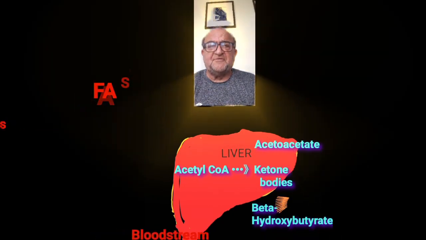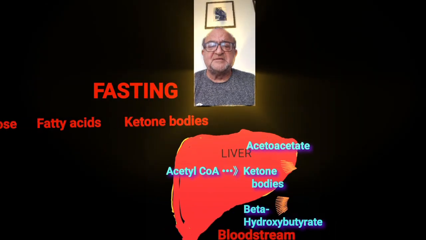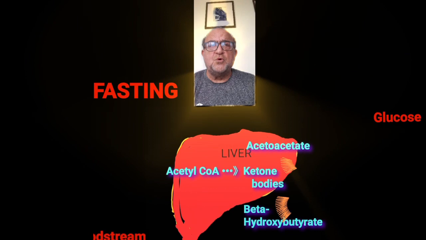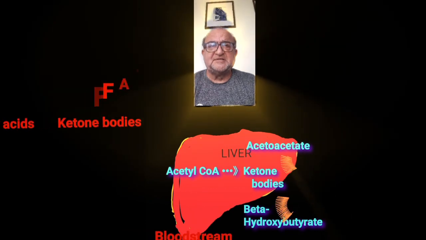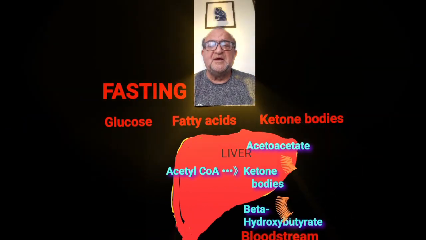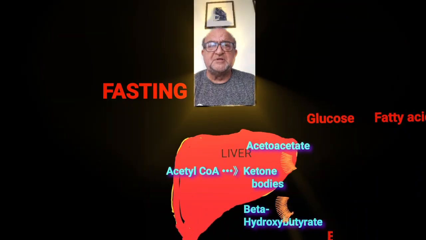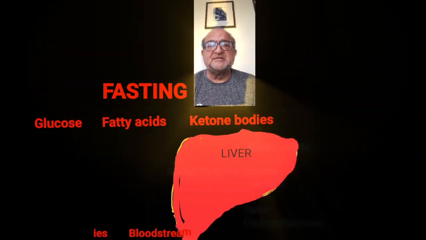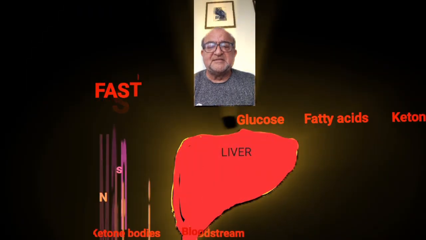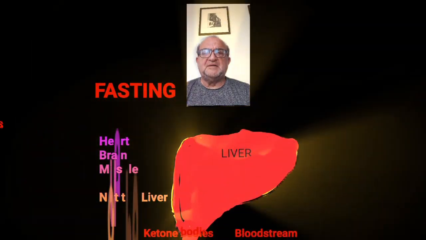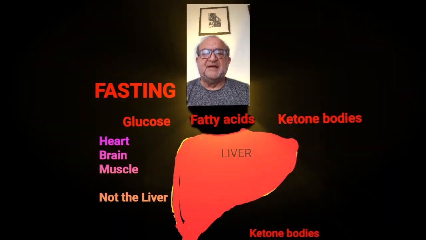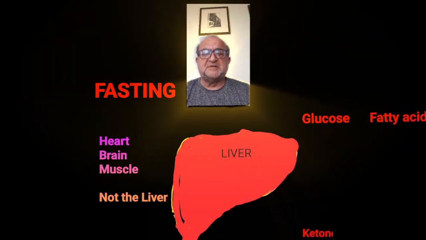The importance of ketone body synthesis in the liver is that it provides a new energy source that is easily transportable in the bloodstream, so it can be picked up by other tissues, whereas acetyl-CoA is not. Ketone bodies can be used by many tissues, including the heart, brain, and skeletal muscle, but not the liver.